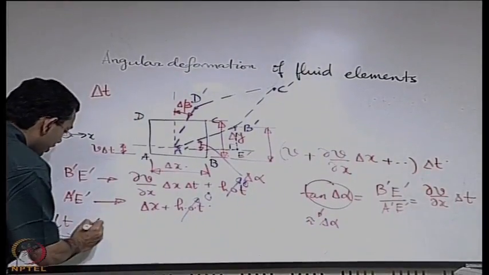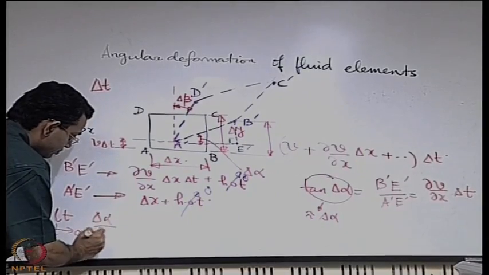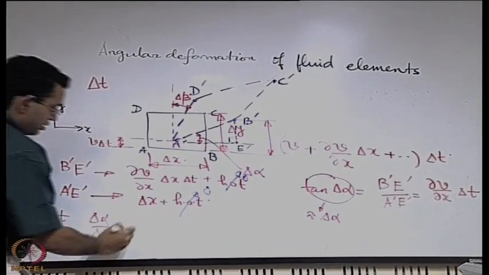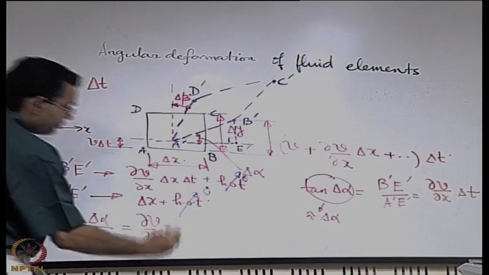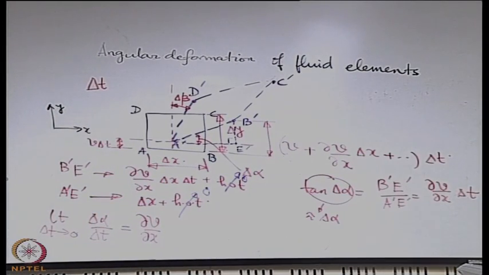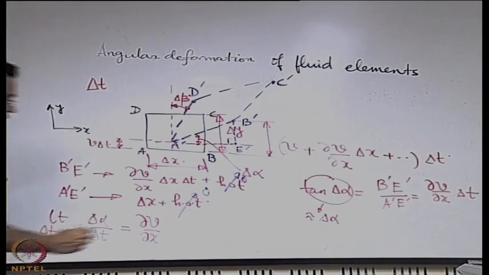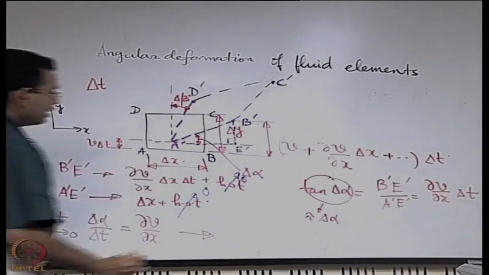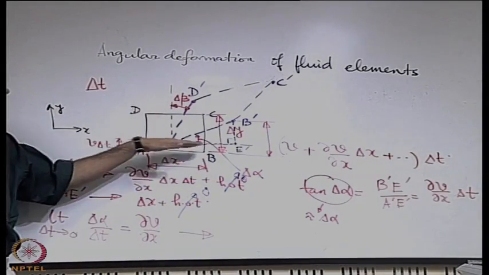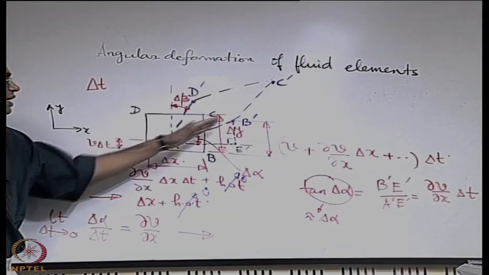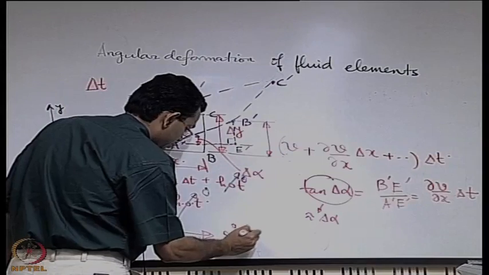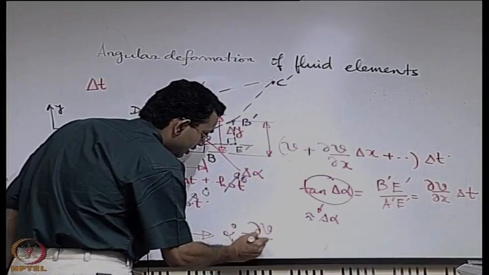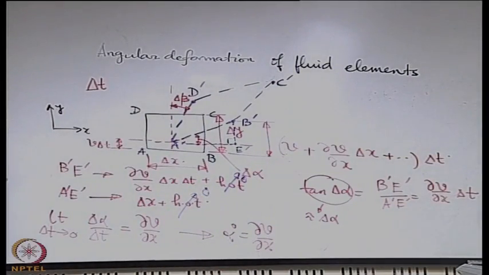Delta alpha divided by delta t is equal to the partial derivative of v with respect to x, and this is nothing but the rate of change of the angle of this line element with the horizontal. So let us call it alpha dot, that is partial derivative of v with respect to x.